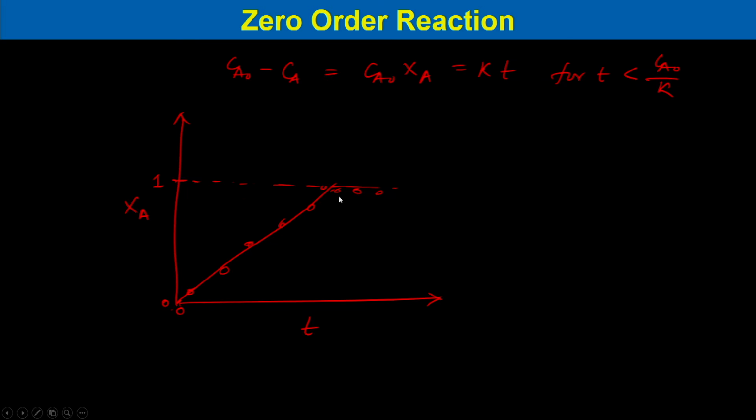You will find that up to time t equal to C_A0 by k, this is the time, you will get a linear equation in case of 0 order reactions, with the conversion and time plot passing through the origin, and the slope of this curve is k by C_A0.